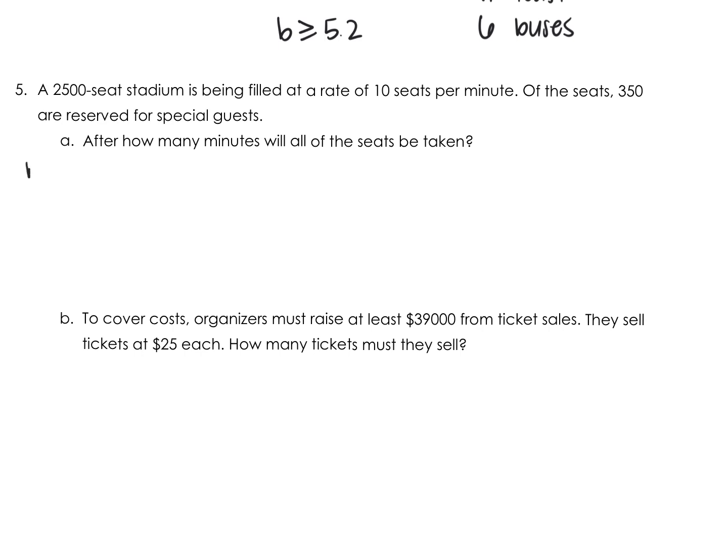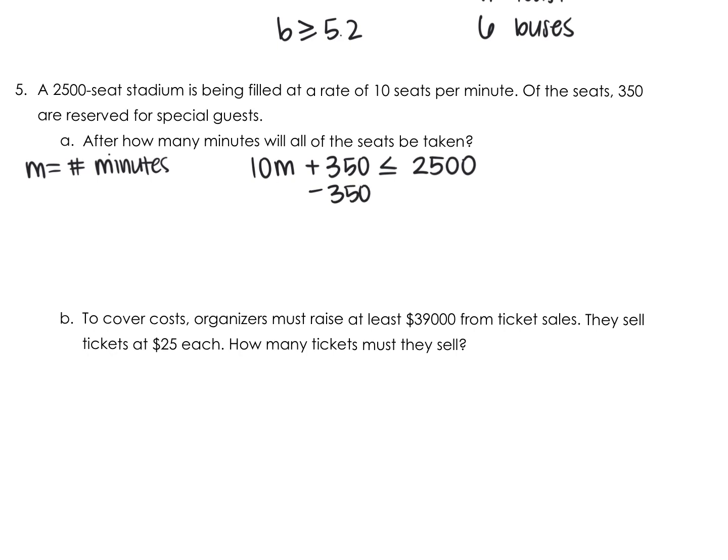So our variable M is going to be our number of minutes. So our rate is 10 seats per minute, so that's 10M. Now, some of our seats are already taken, they're reserved. So 350 of the seats are already taken, so plus 350 has to be less than or equal to our total number of seats we have available, 2,500.